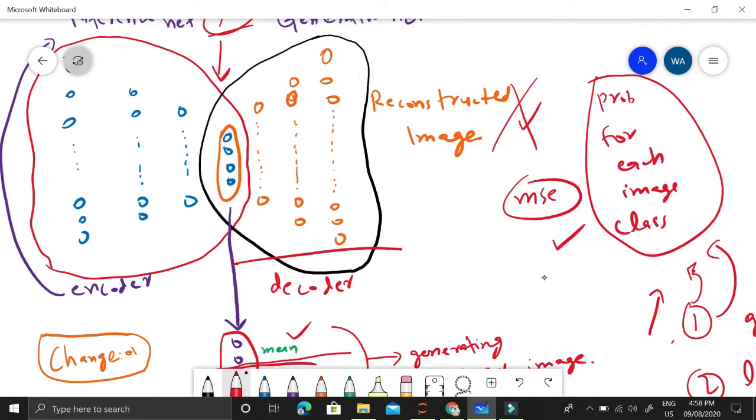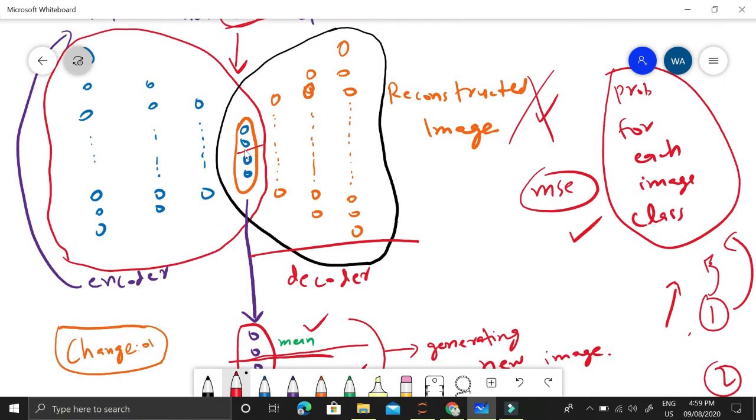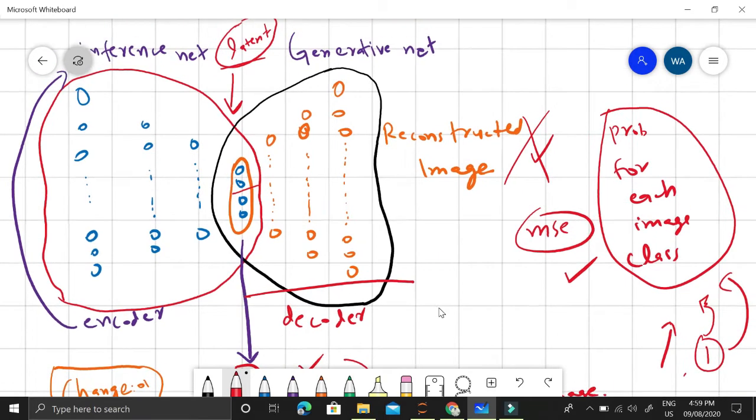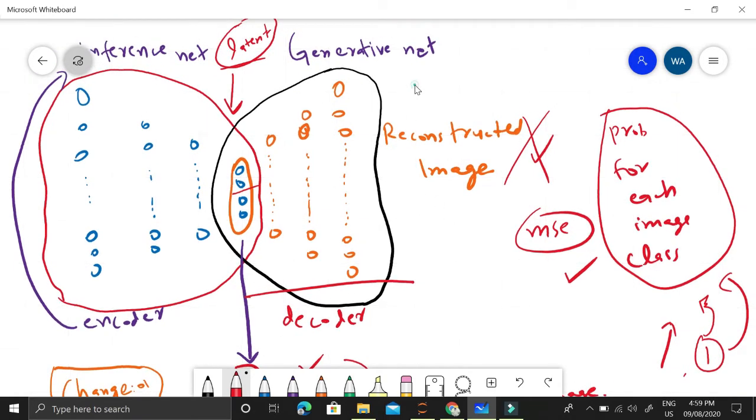If this distribution, because this is a kind of generation of values given this mean and variance, this latent dimension, is close to the usual log normal probability distribution function, then it means the generative or decoder network is performing very well. If it is not doing very well, then we have to shift the mean and variance values in such a way that this generative network performs in a much better direction.